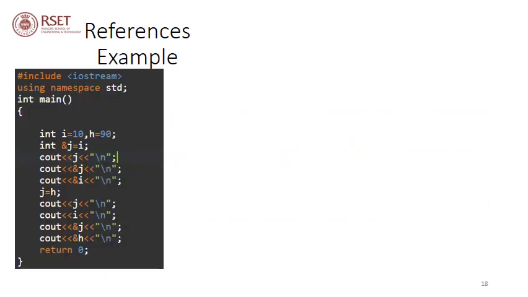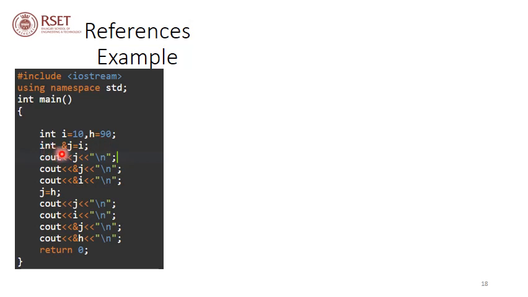Now in this slide, I'll show an example from C++ which will help you to easily distinguish between pointers and references. This is an example C++ program. We have the main function here, and within the main function I have two integer variables i and h. i is initialized with the value 10, h is initialized with the value 90.